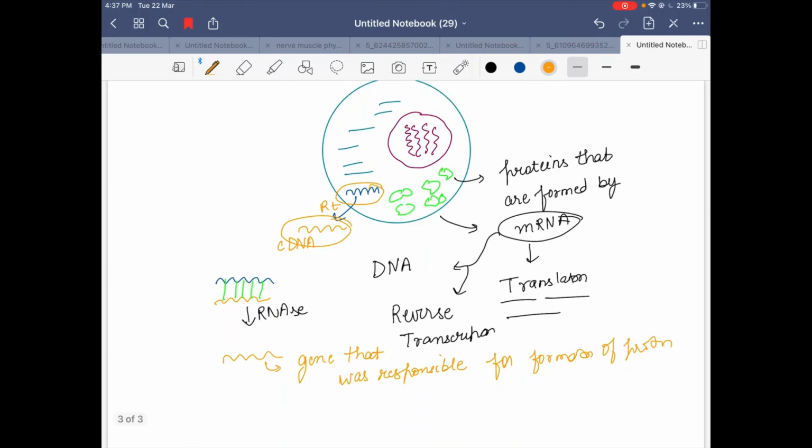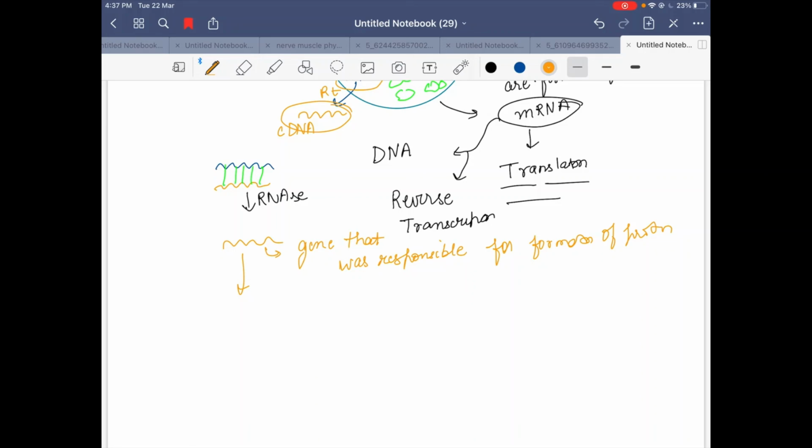Now we can convert this into double-stranded DNA with the help of the enzyme DNA polymerase.